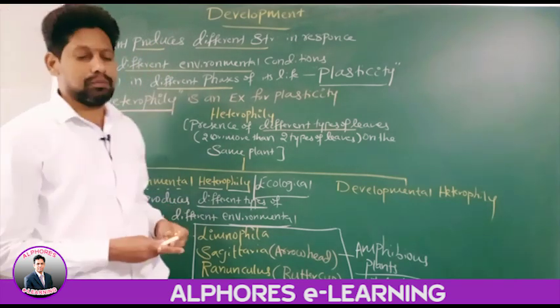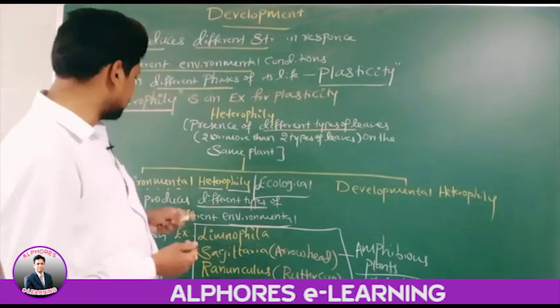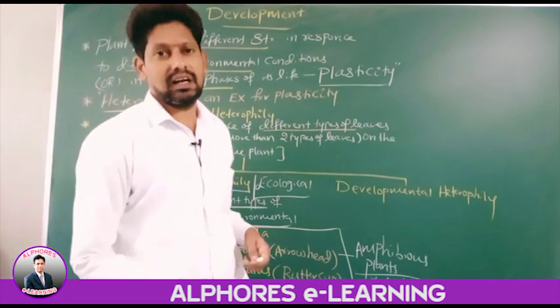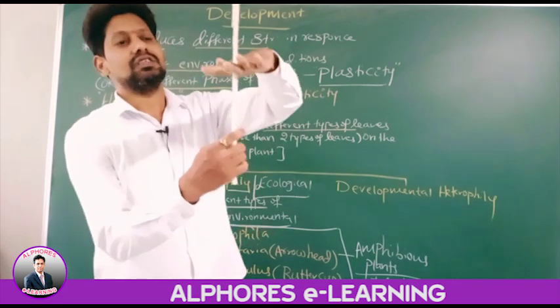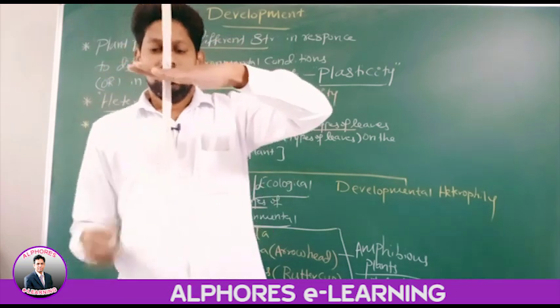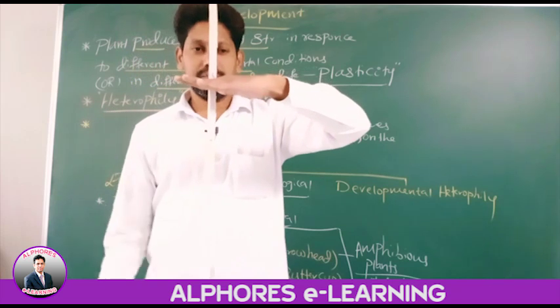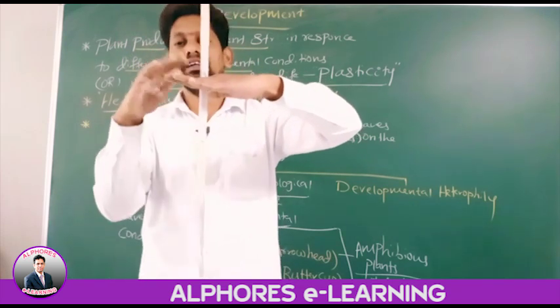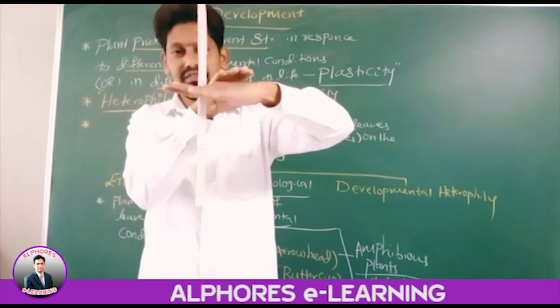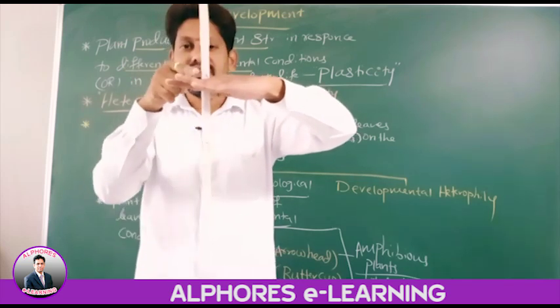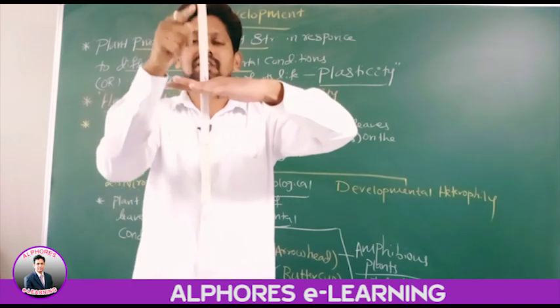Now, listen to this statement. Sir, here we are discussing which heterophily, sir? Environmental heterophily. Now, see here. For example, this hand indicates water level. It means this is the surface of the water. Now see, this part of the plant is above the water surface.